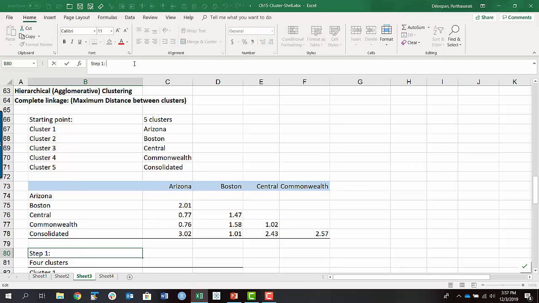So the two closest clusters with complete linkage distances is the same as before, 0.76, which is Arizona and Commonwealth.